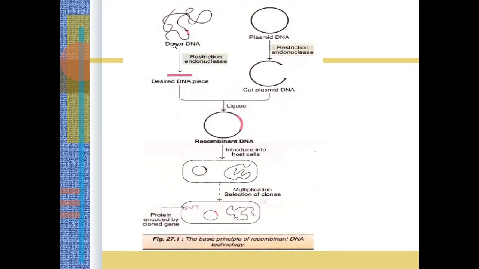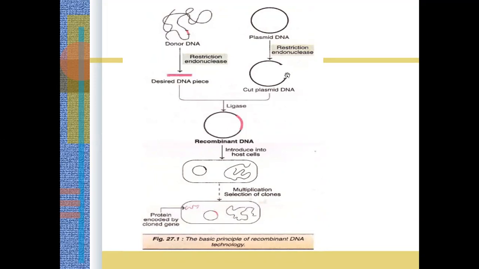Now this is the donor DNA, from which we will cut the DNA of interest. From this donor DNA, a particular segment is cut with the help of the restriction endonuclease. This is the DNA we have obtained from the donor, and this desired piece of DNA is now ready to be introduced into the cut portion of the plasmid DNA.